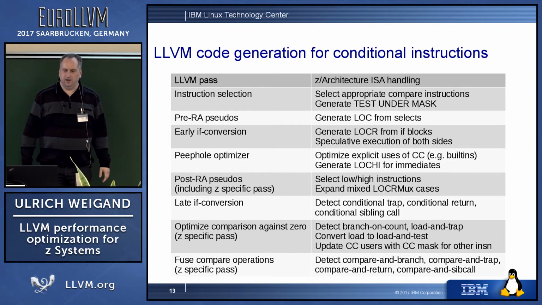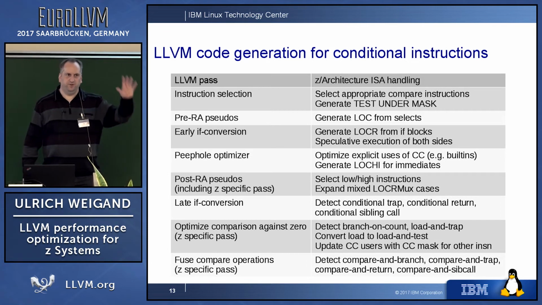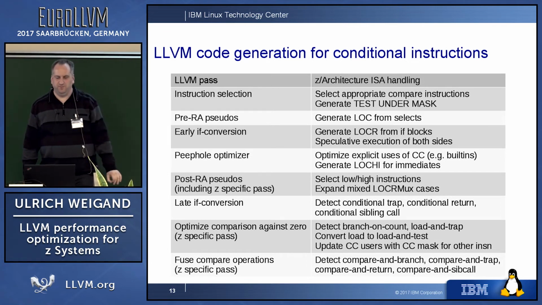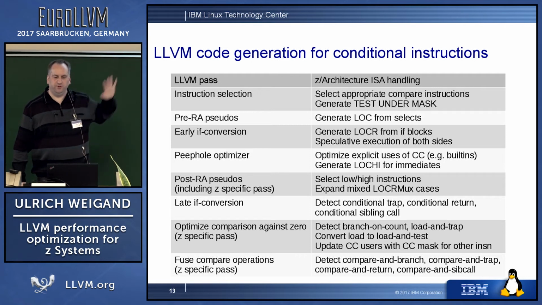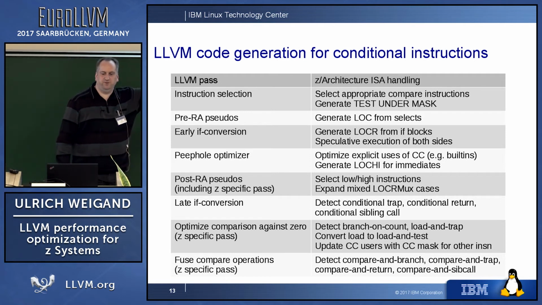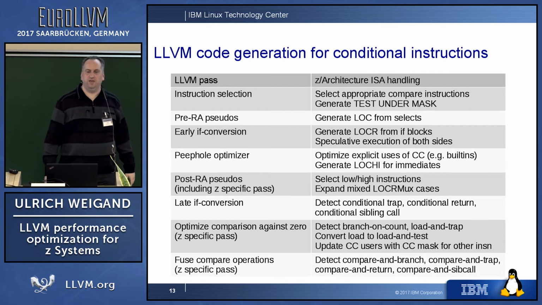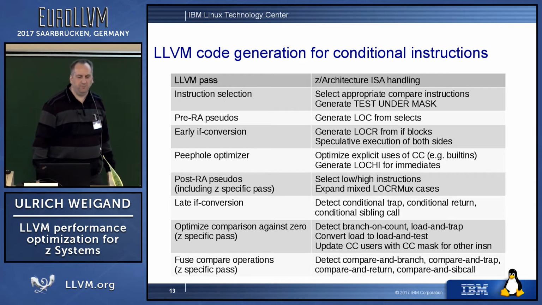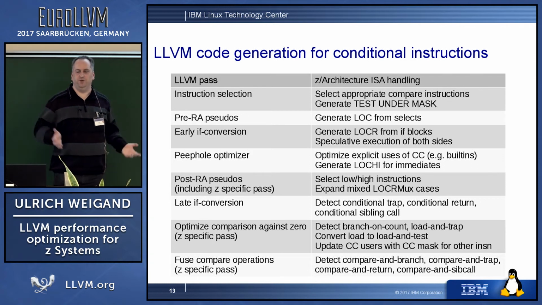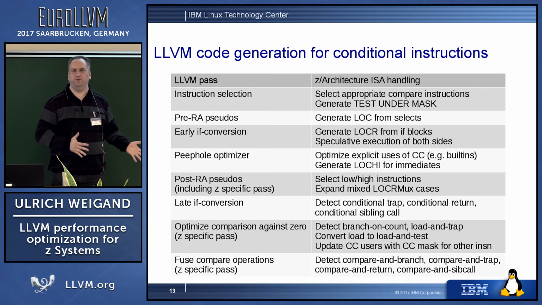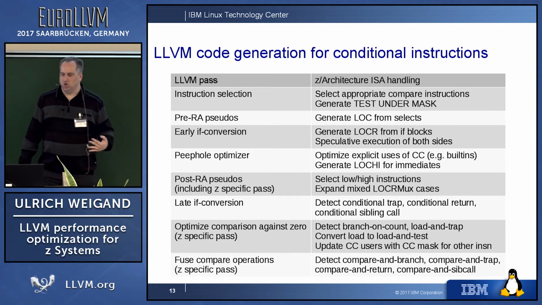So if you're familiar with that part of LLVM, I've put here an overview of some of the more important passes, starting with instruction selection until the end of the MI phase. Now you could think that all these choices of which instruction to use should all really be part of instruction selection, but that's not true because some of them depend on register choices and other things.